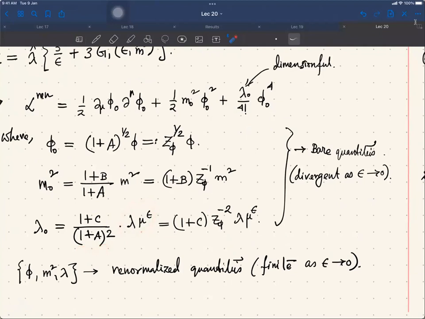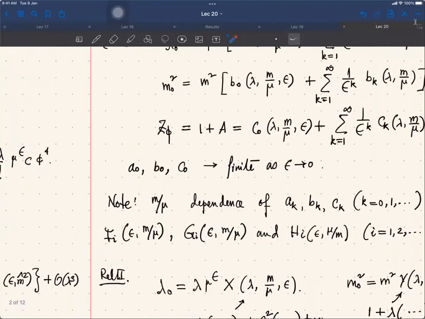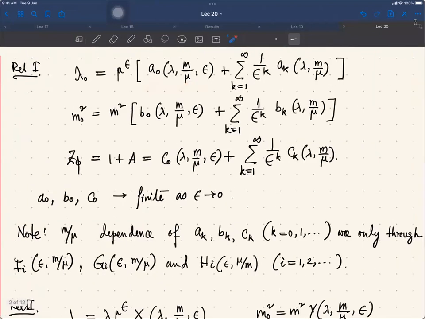So the finite term here, which is a0, will be more complicated in that case, which is not the situation here. So what I just argued is that a0 is going to be lambda.